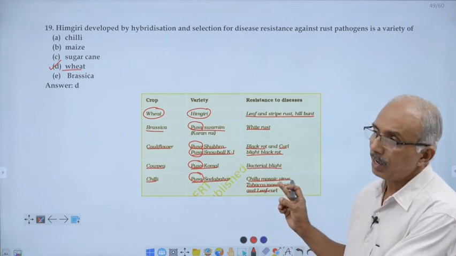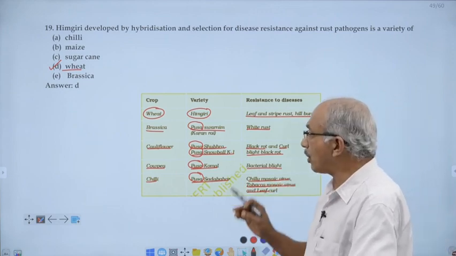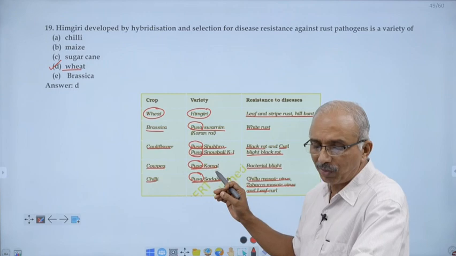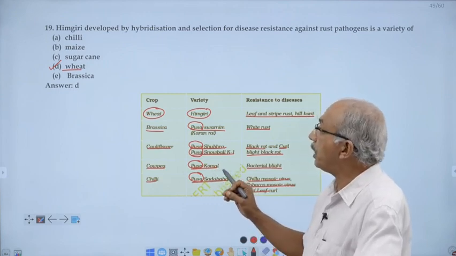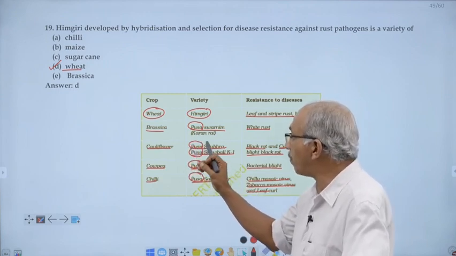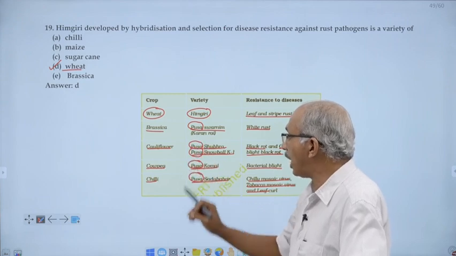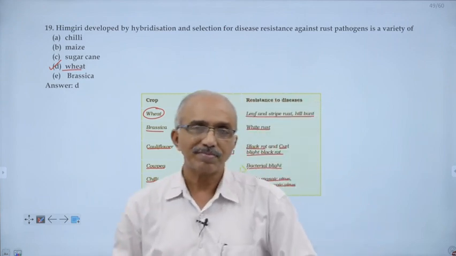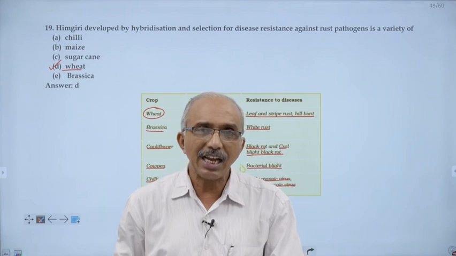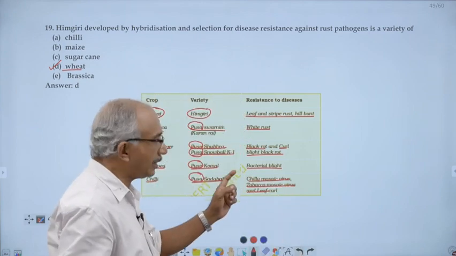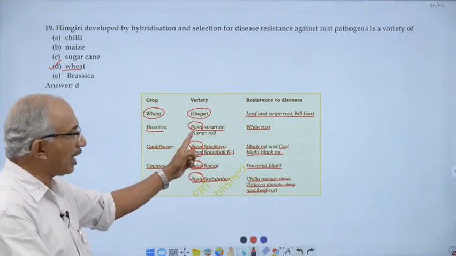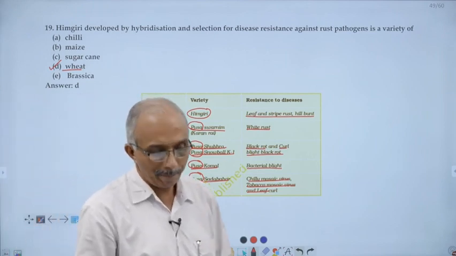So the varieties produced from this research station are known by the prefix name Pusa. That is the reason behind adding the prefix Pusa.